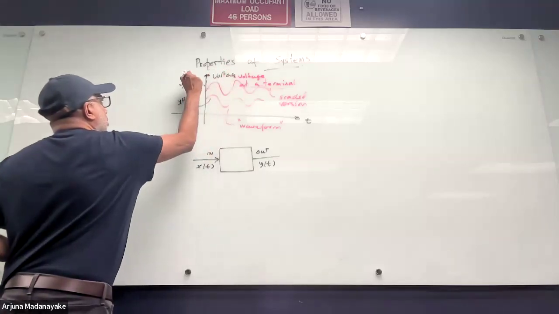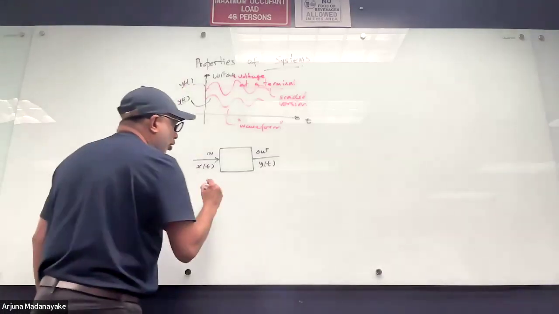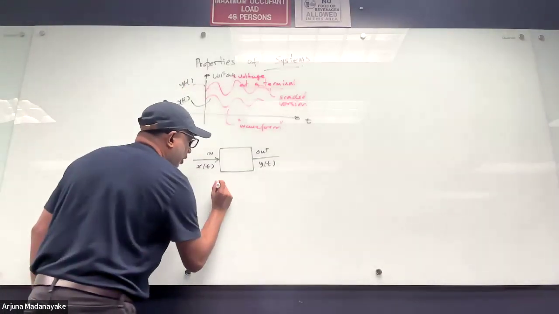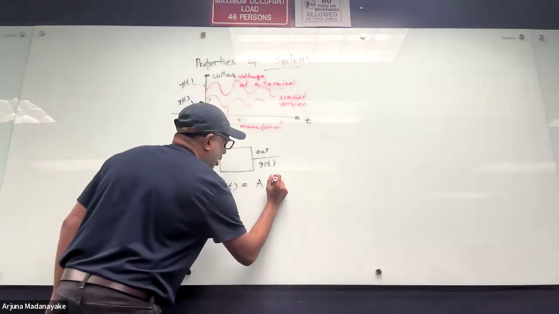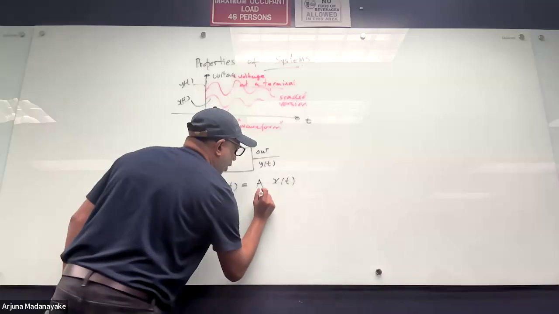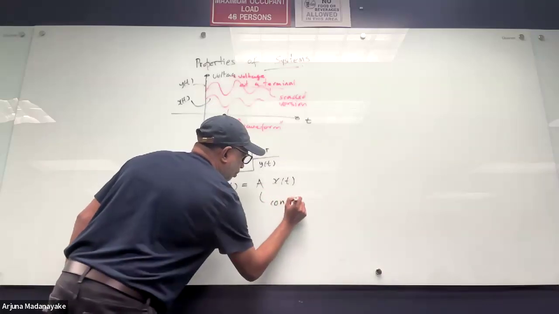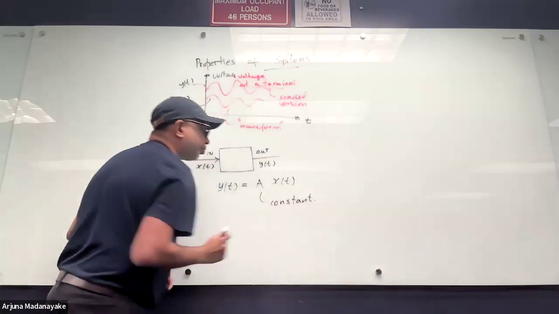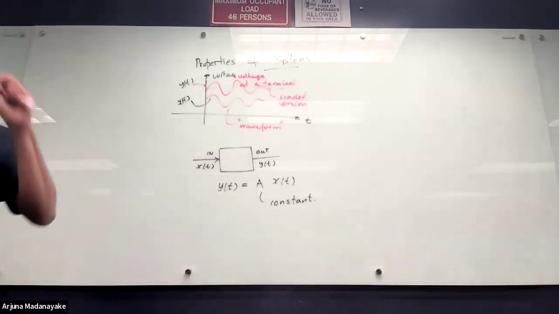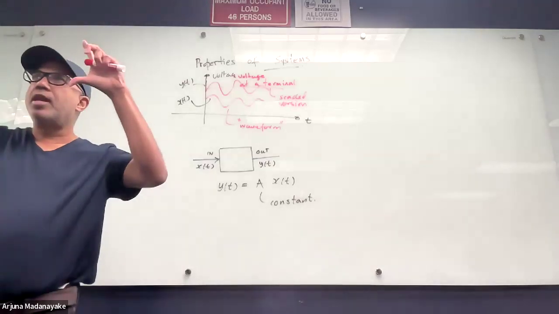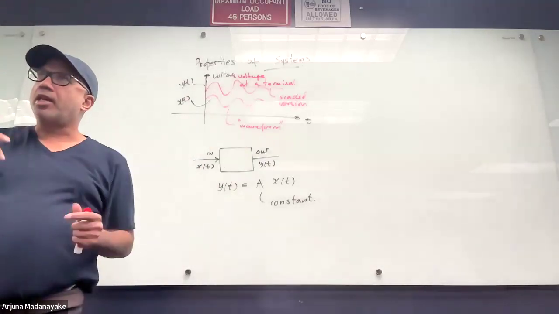So if I can relate x of t to y of t using a constant, some a times x of t, where this is a constant. All that this constant a is doing is it's just bumping up the value of x of t by some fraction, right?